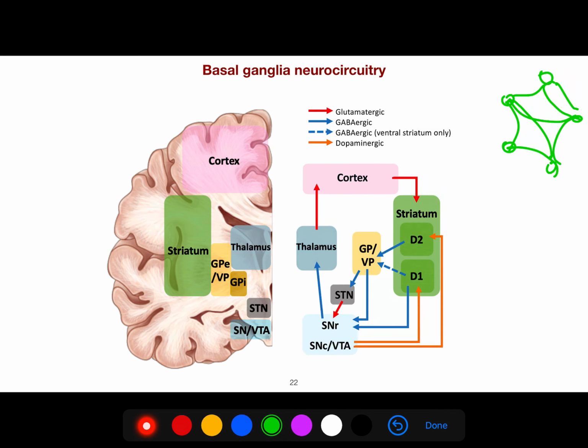And this is the basal ganglia neurocircuitry. You see the cortex? The thalamus gives information to it using glutamatergic neuromodulators, and you have different neuromodulators such as dopamine or any other thing. But the important thing is that striatum has a feedback connection with your cortex.